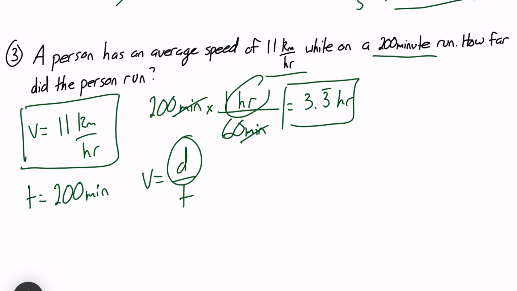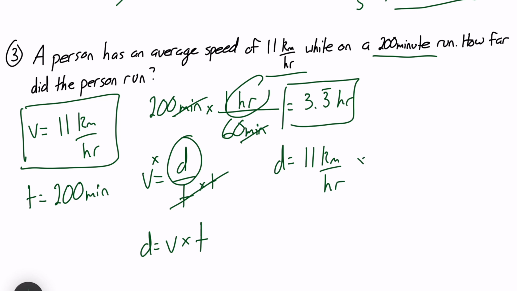So we want distance, we have to multiply t up, and we should end up with a final equation of d equals v multiplied by t. Now all we have to do is plug everything in. So we have distance equals velocity, which is 11 kilometers per hour, and that's being multiplied by our time, which is 3.3 repeating.